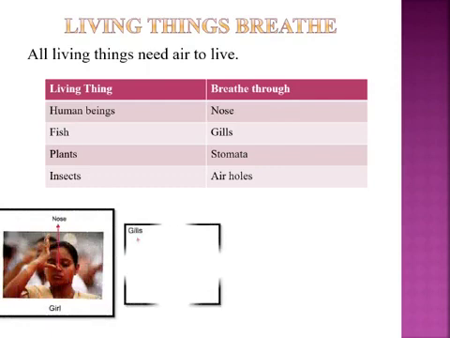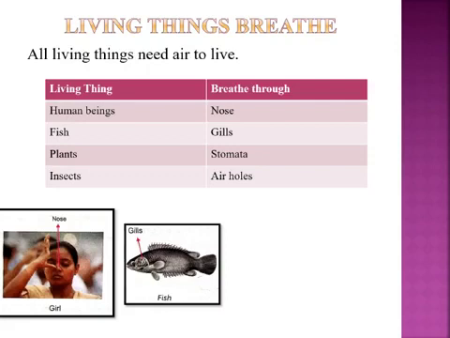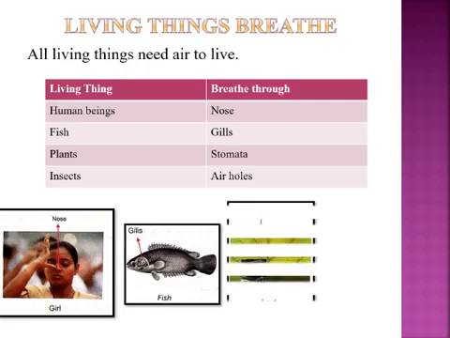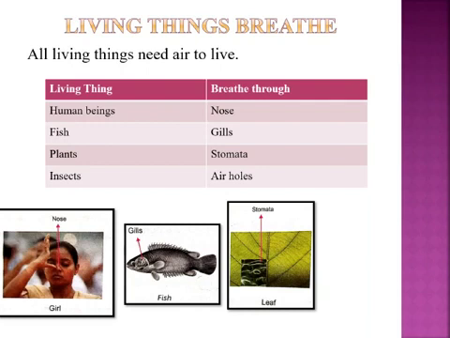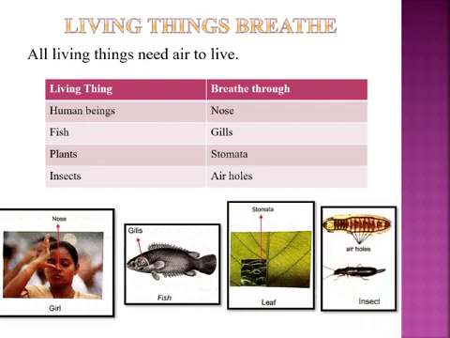Fish, which live in water, breathe through their gills. Plants have leaves. On the leaves, they have small holes which are called stomata. They breathe through stomata. All insects have small holes on their body. Those holes are called spiracles, and they breathe through them.